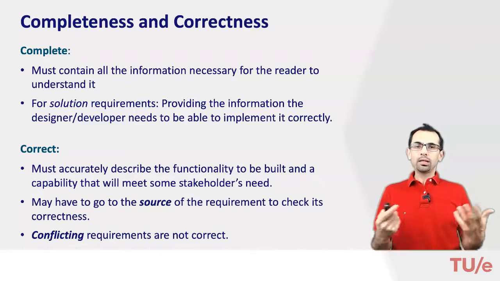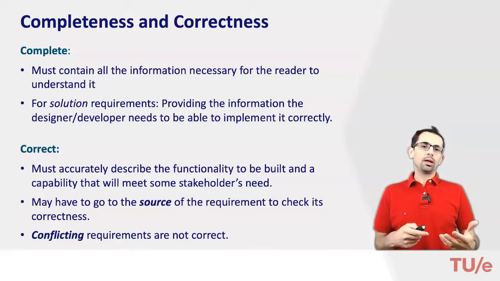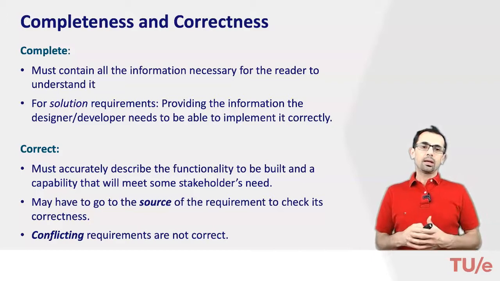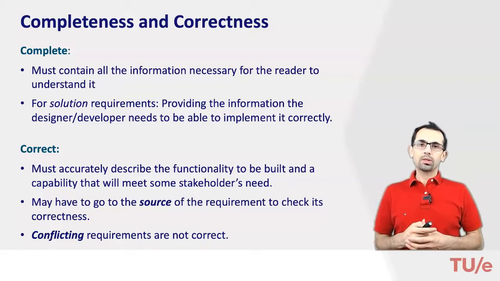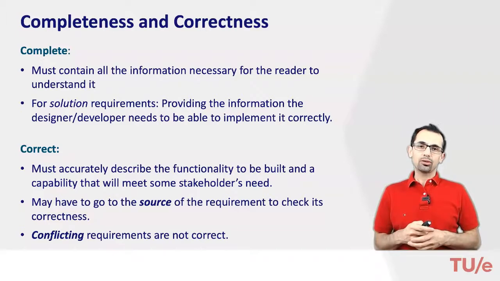The second one, correctness. We have to accurately describe the functionality to be built and the capability that will meet some stakeholder needs. So we may have to go to the source of the requirement to check whether it is correct.